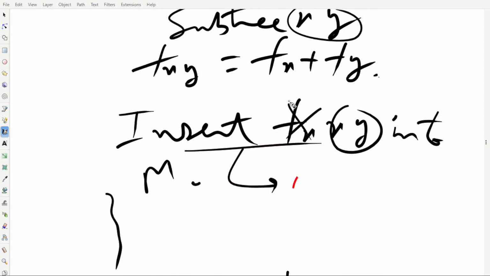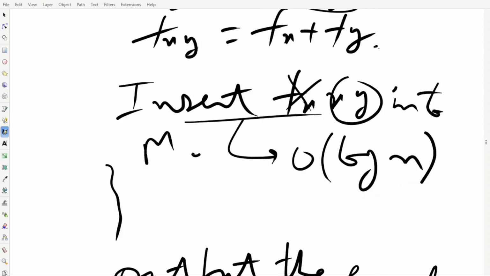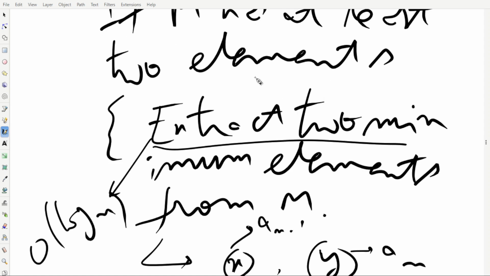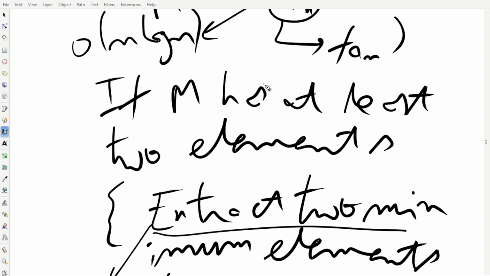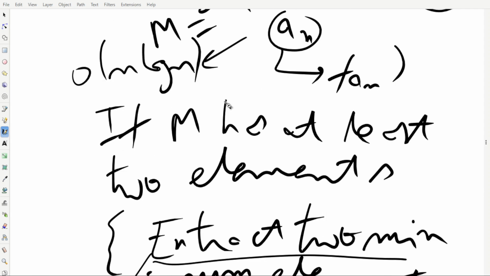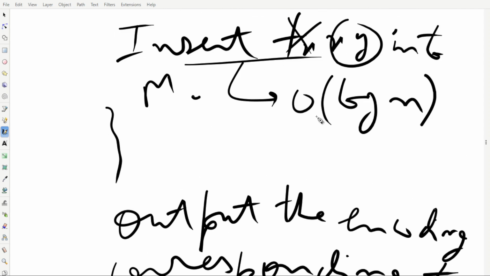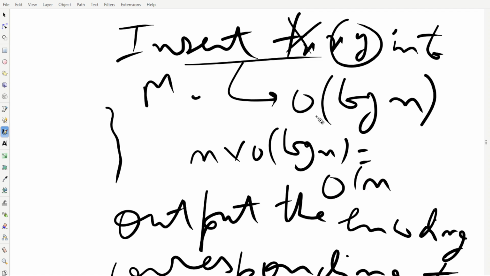This operation also takes big O of log n time. So the net complexity is big O of log n, and we are doing this at most n times. So the net complexity is n multiplied by big O of log n, which is big O of n log n.